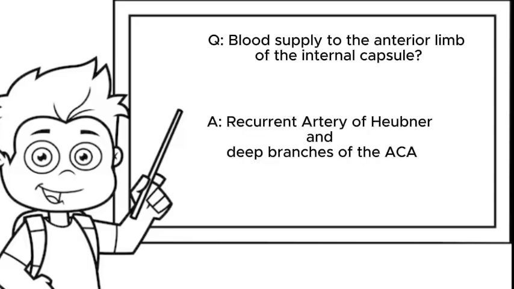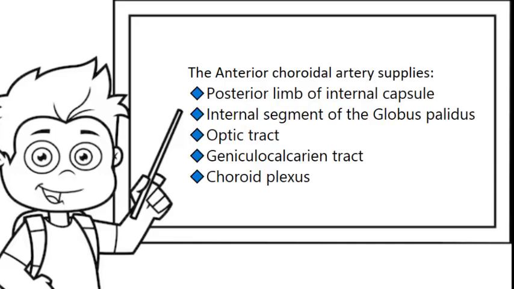Did you say the recurrent artery of Hübner and the deep branches of the anterior cerebral artery? If you said that, you are absolutely right. The anterior choroidal artery instead supplies the posterior limb of the internal capsule, the internal segment of the globus pallidus, the optic tract, part of the geniculocalcarean tract, and the choroid plexus of the lateral ventricle.